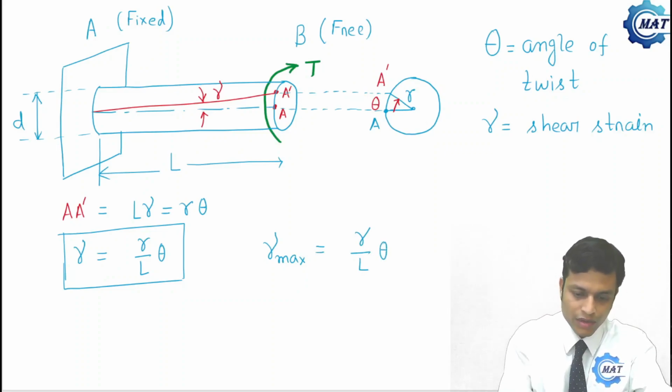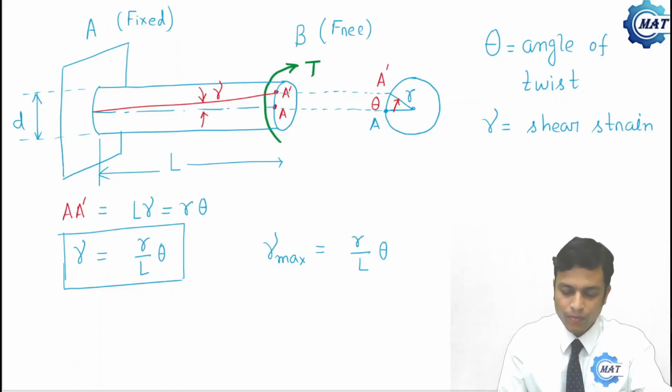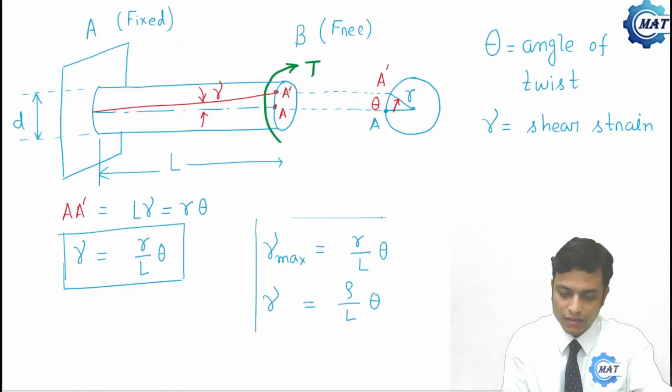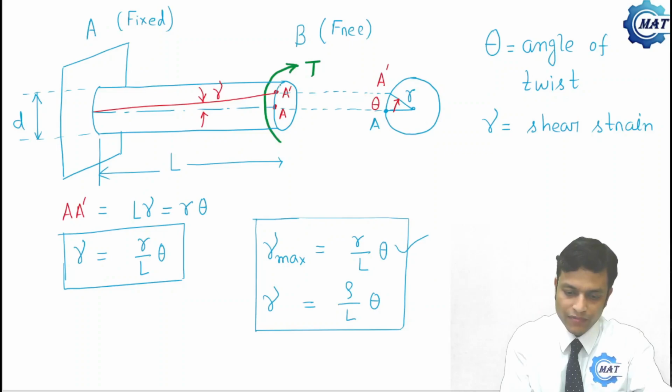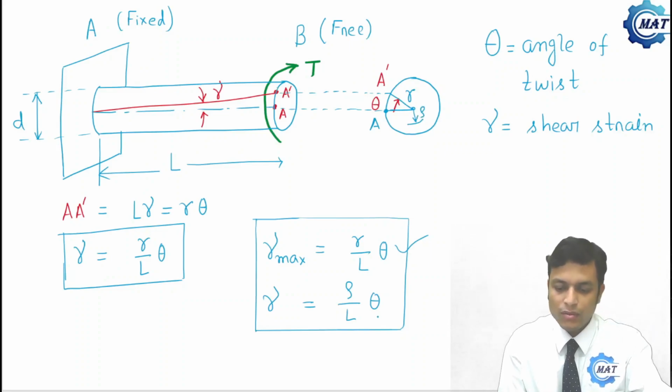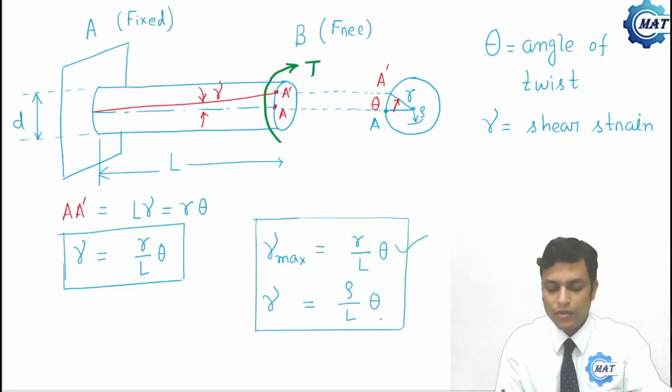And the generalized expression, that is shear strain at any radius rho, say any radius here, is rho by L into theta.